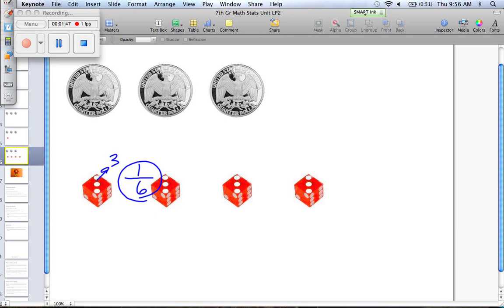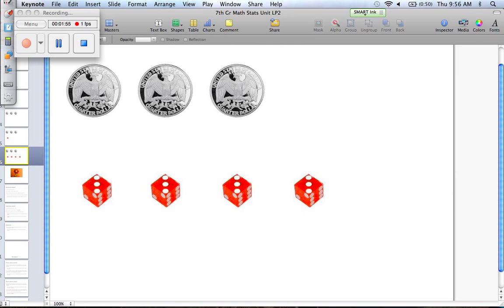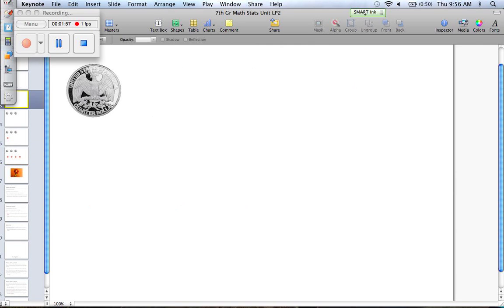Well, in order to calculate these multiple probabilities, we just use the same logic that we used in our first example. So let's go back to that. In order to calculate a probability of landing on tails, I said there is one winner out of 2 total options.